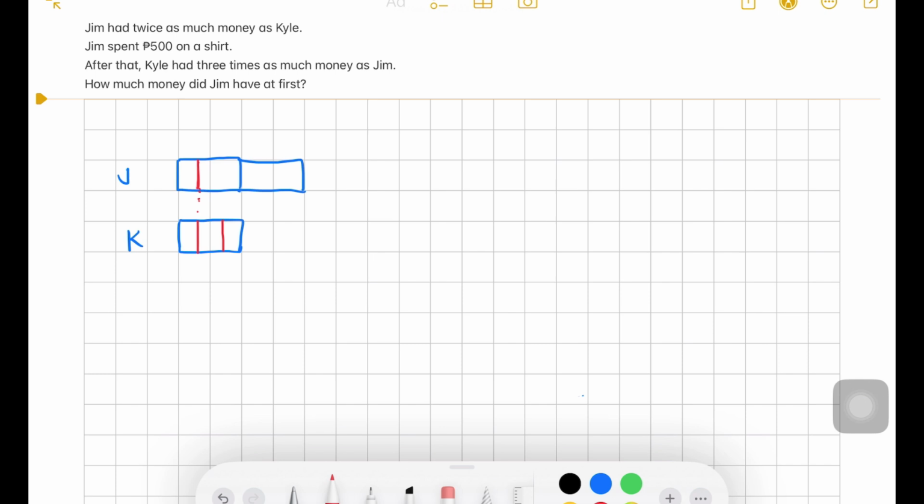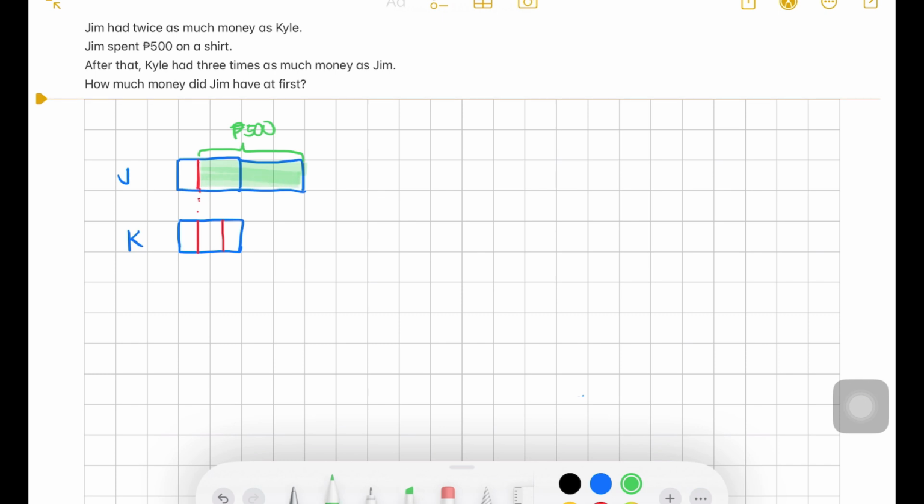Okay, so let's try to label that as such. This is the 500 pesos that he spent. Okay, maybe I will highlight it also with green so we know that this was the amount spent by Jim.